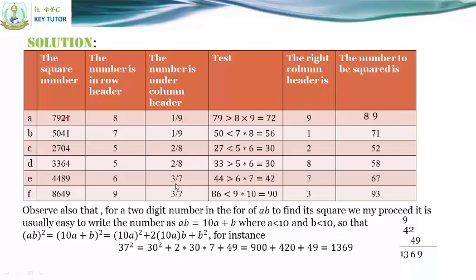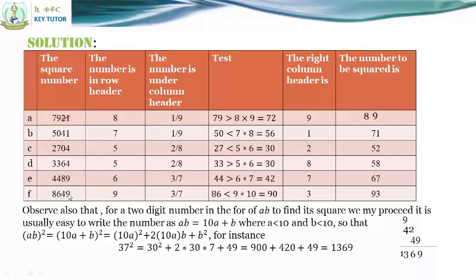Now it remains to determine the units place. Is it 3 or 7? You compare 44 here with 6 times 7, which is 42. As 44 is greater than 42, you take the larger number, 7, so 67 is the number to be squared to give us 4,489.